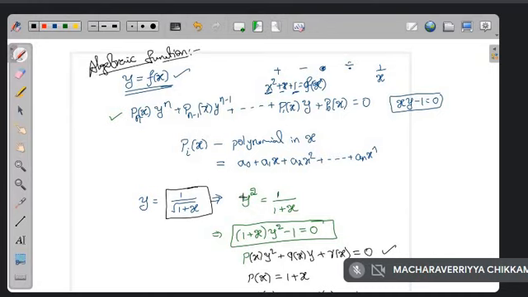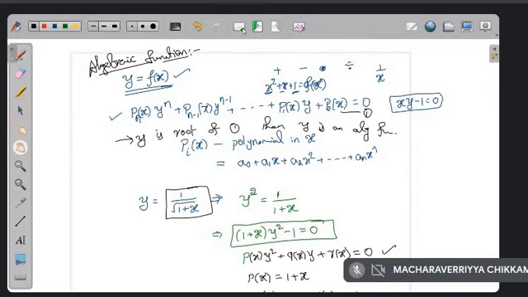Now I hope you understand what an algebraic function is. If y is a root of such a polynomial, then y is an algebraic function. Now a transcendental function is nothing but a function which is not algebraic.